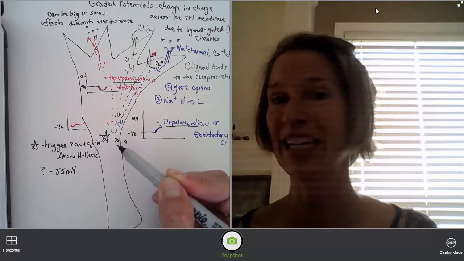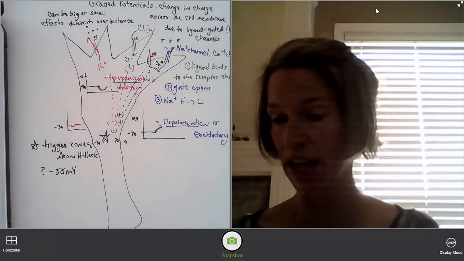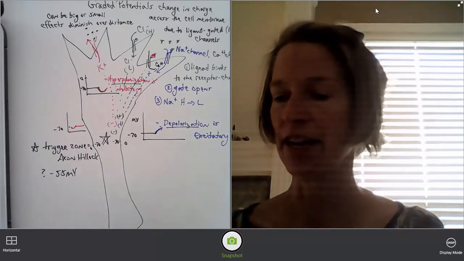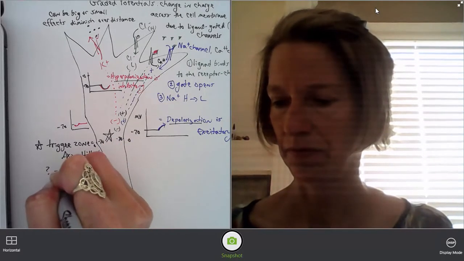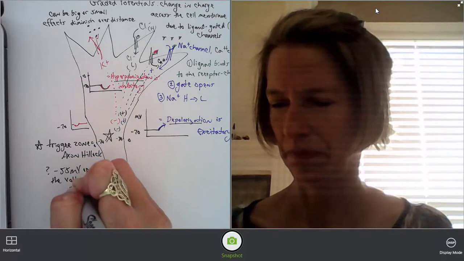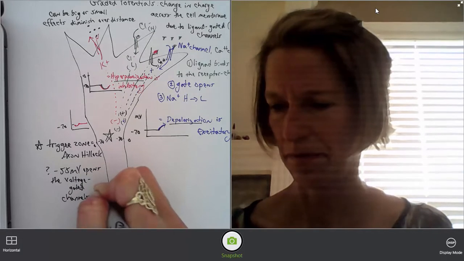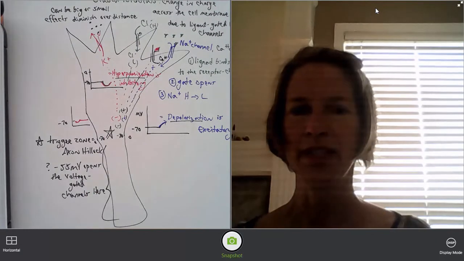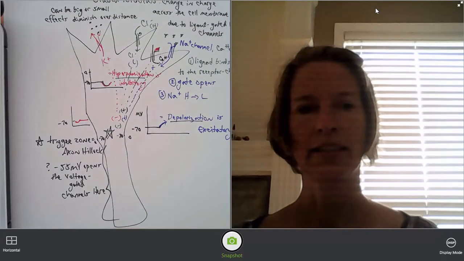That's what we call it excitatory, because the voltage-gated channels will open at minus 55 here. And throughout the entire axon, starting at the axon hillock.